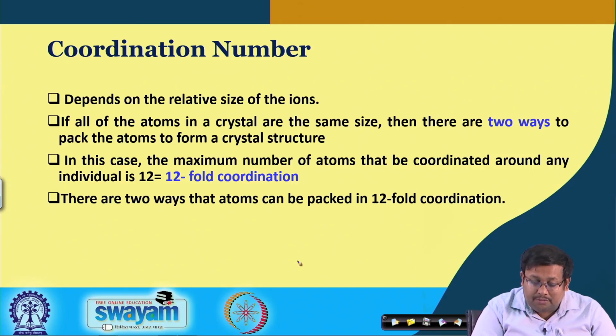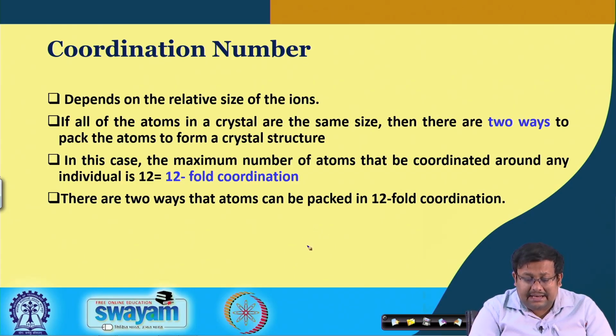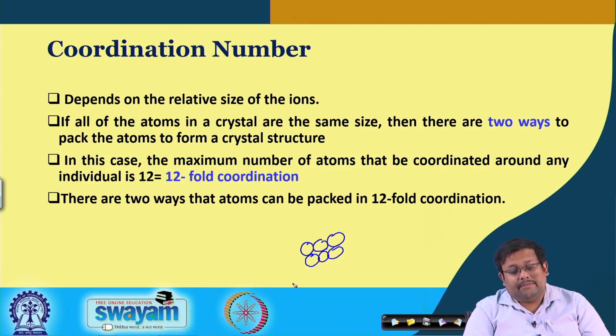So, let us assume that there are 6 atoms and all these atoms are having the similar size, then there are two ways to pack the atoms to form a crystal structure.